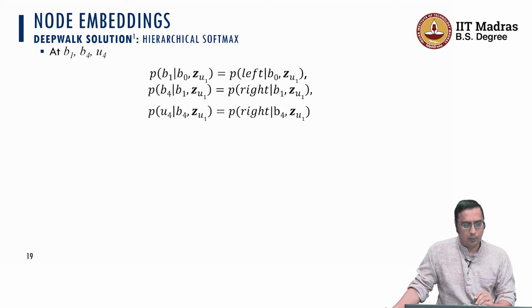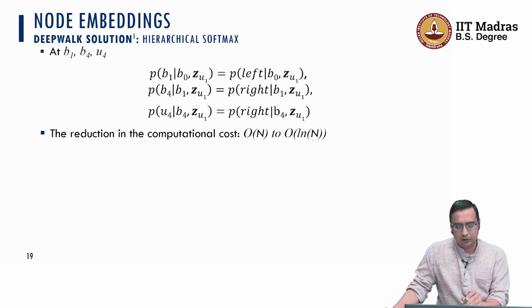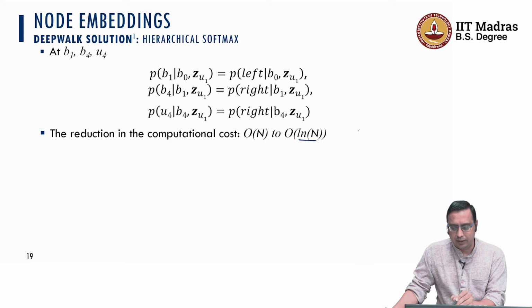So here we have probabilities. Now the interesting fact here, if you see that while visiting on the binary tree, I have not visited all the nodes. I have only visited ln nodes. So if you look at, we have 8 and ln of 8 will be approximately 2.6 or 7.